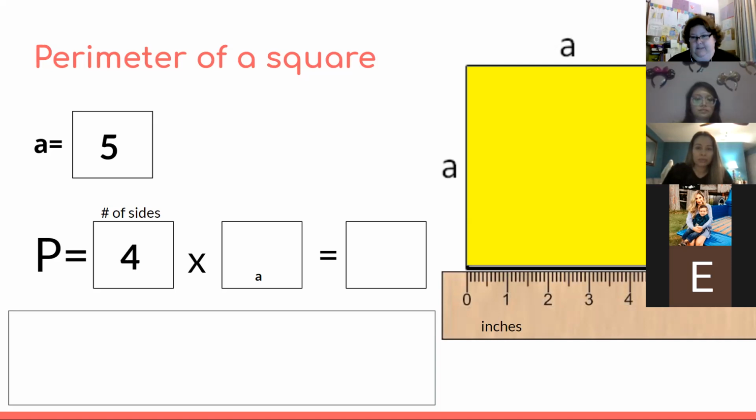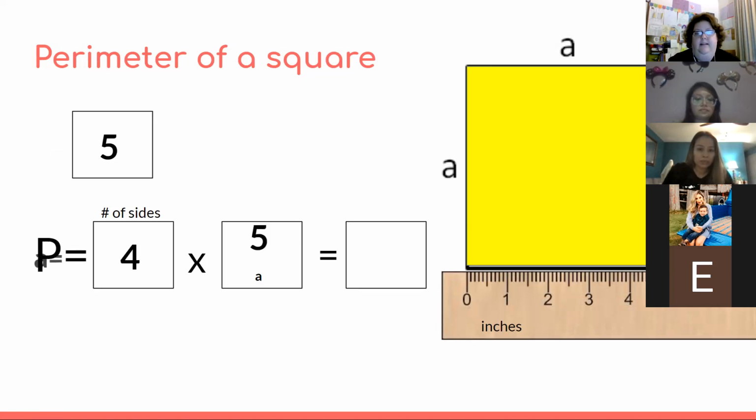How many sides of the square? 4. Then you would plug in 4 sides times 5, because they're all the same, and you would get 20 inches. You can multiply that because it's a square.